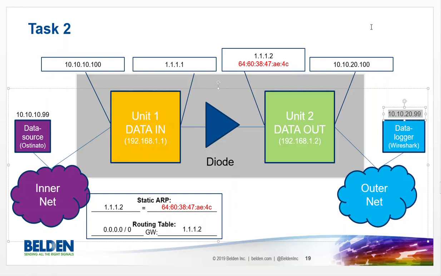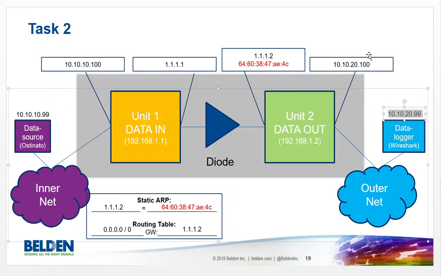In order to demonstrate all of this, I'm utilizing my laptop, which is connected to a docking station. My docking station has a 10.10.10.99 address, and my laptop itself has a 10.10.20.99 IP address.